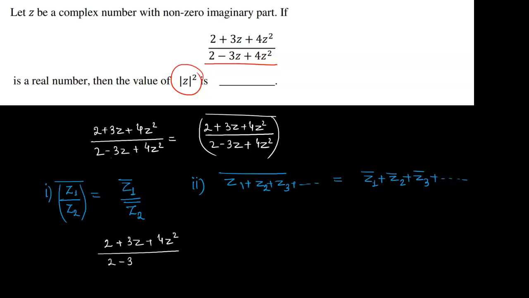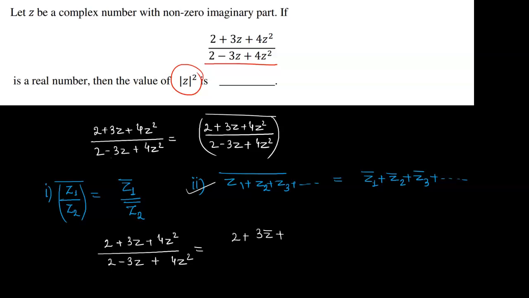2 minus 3z plus 4z square, 2 plus 3z bar. I'm directly applying this property. First I have split this bar in numerator and denominator. Then I have split it like this.